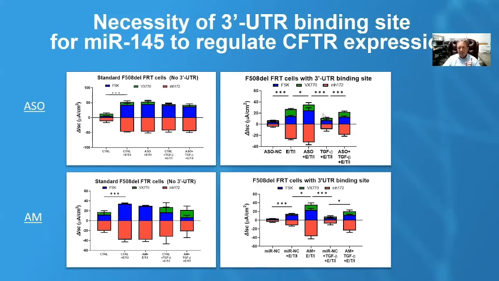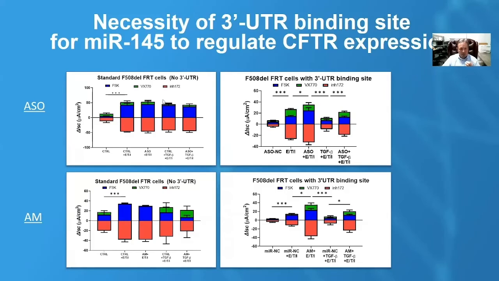In contrast, we then added the 3' UTR binding site to the F508del CFTR cDNA. And what we found is that with that addition, we were able to replicate what we've seen in primary airway epithelial cells, such that we have the ETI correction, but then we have the ASO boost that further increases CFTR activity, and then the TGF-beta suppression, and then the ASO restoration.